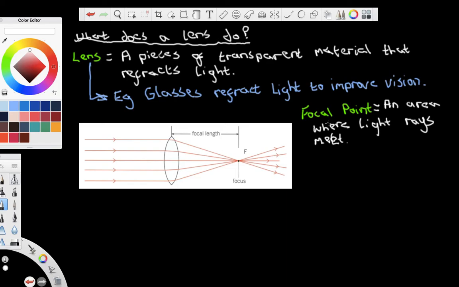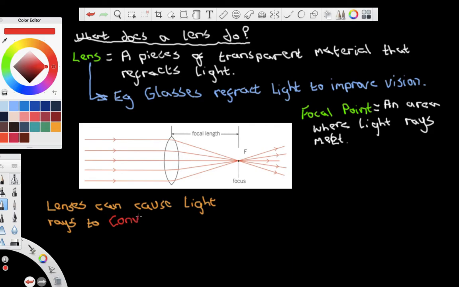Now, a lens can either cause light rays to converge, where they come together to make a focal point. So we can say that lenses can cause light rays to converge, and I'm going to put that in a different color so it stands out, to converge, that's C-O-N-V-E-R-G-E.